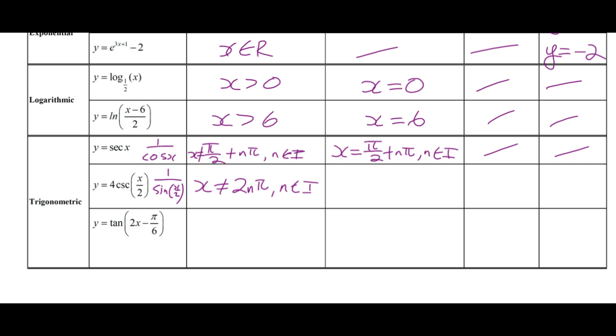Okay, so the domain is it can't be a multiple of 2 pi, right? Because you put a multiple of 2 pi in here, when you divide by 2, it becomes a multiple of pi, which is where the sine is 0, right? Pi, 0, pi, 2 pi, 3 pi, negative pi, etc.